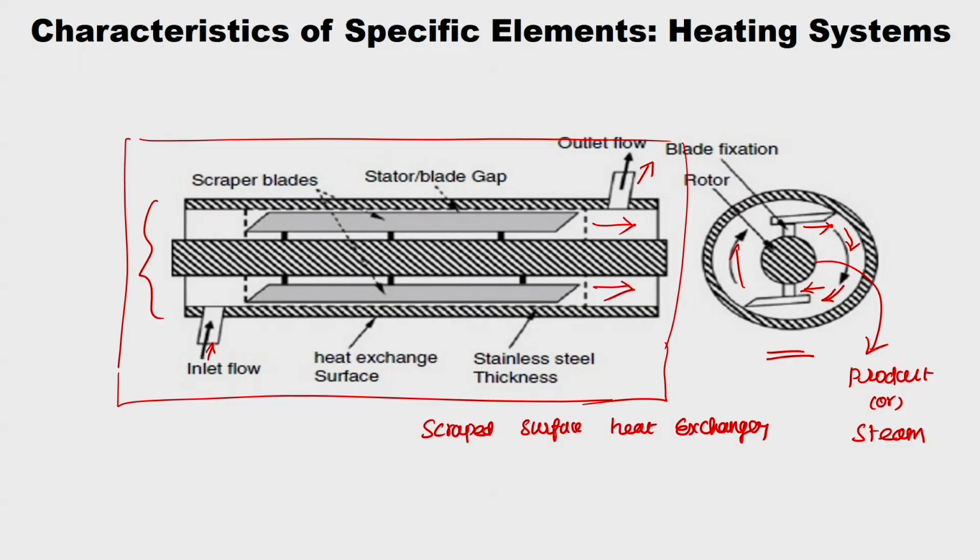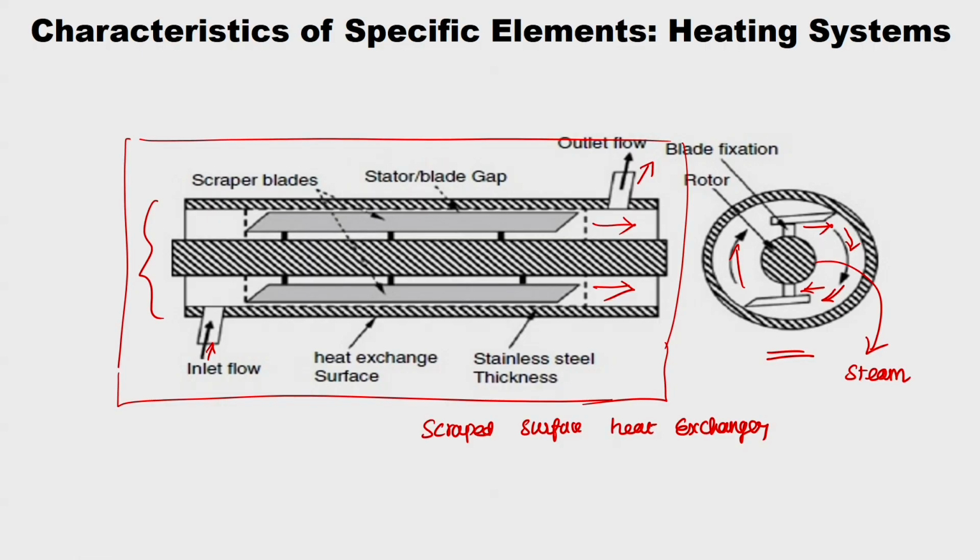So here one thing is important. In the rotor tube you will have only the steam, because the blades are attached to the rotor tube, so the blades are used to move the product with particulates, right? So either the holding tube will be solid, or it will be a hollow tube inside which the steam is being fed.